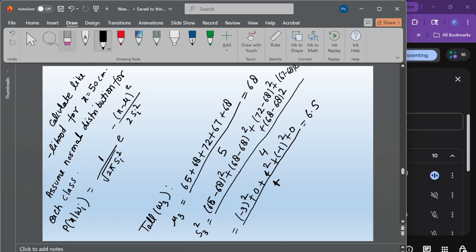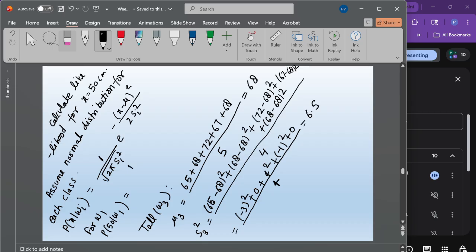So now we'll calculate for each class. For omega 1, the probability of x given omega 1, here x is 50, right? So I can write 50.